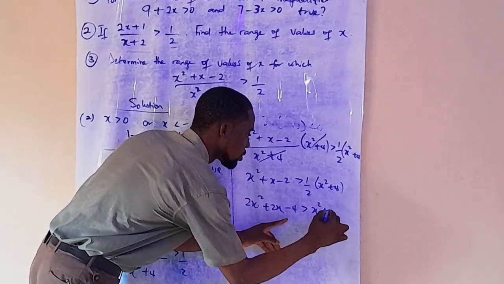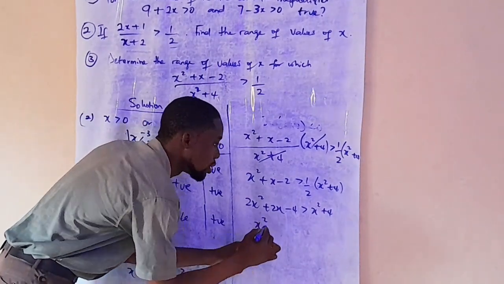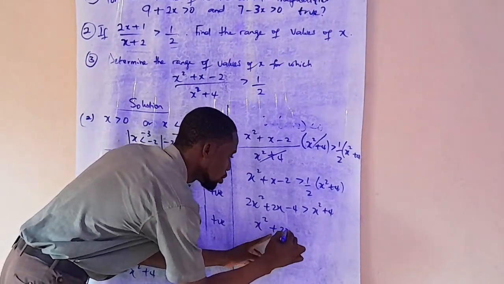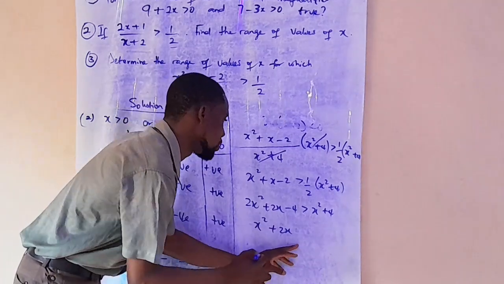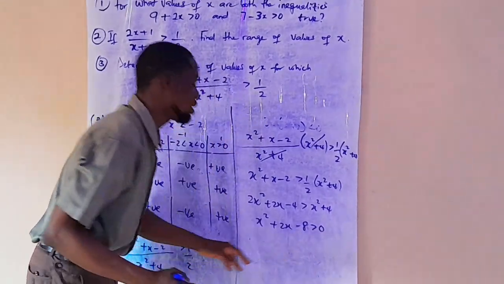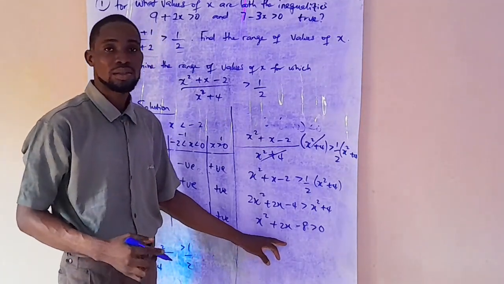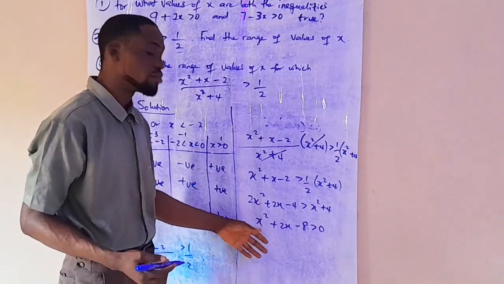x squared plus 4. Collecting like terms, I have x squared plus 2x minus 8 greater than 0. At this point, I'll use the formula method or the factorization method.